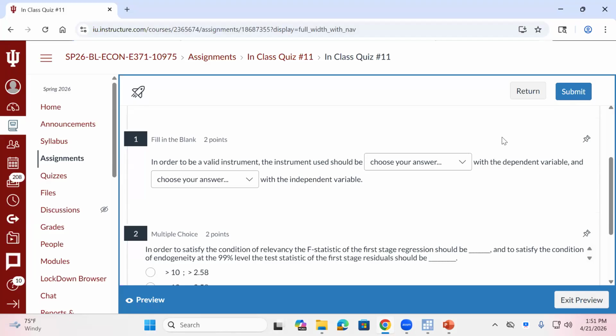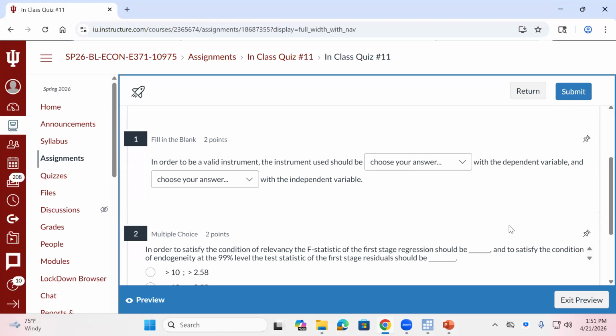That error term is what we would need to look at the actual Y values for. Is that clear? Okay. So we've got the answers to one: correlated with the independent or X variable, uncorrelated with our Y or dependent variable.